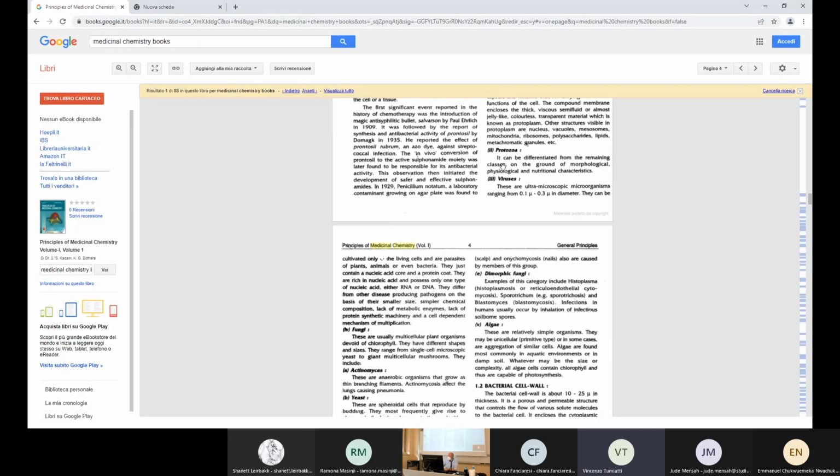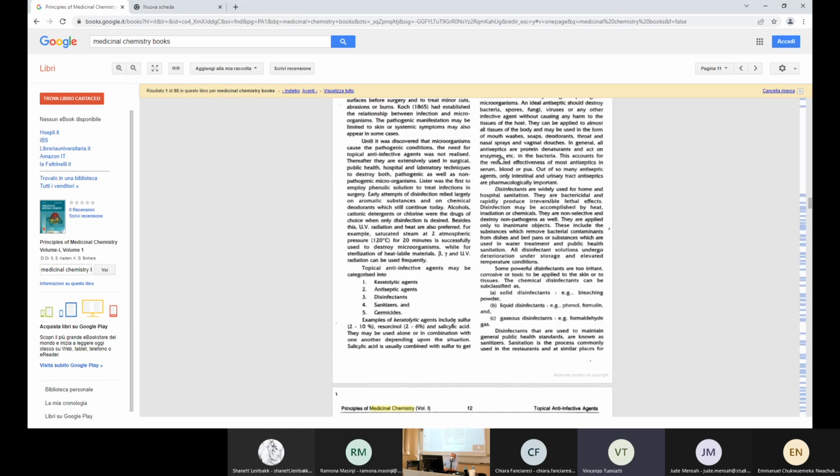So you can see this type of book. This site is free. And so if you want to find additional information about a topic, about what you want, you can check on this website. So, ChemDraw and Google Scholar. These are two useful tools for you for the medicinal chemistry course.